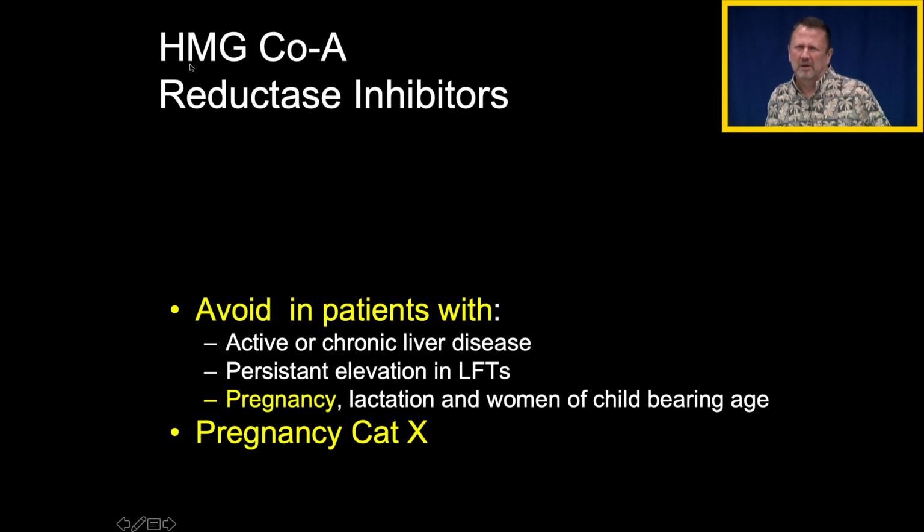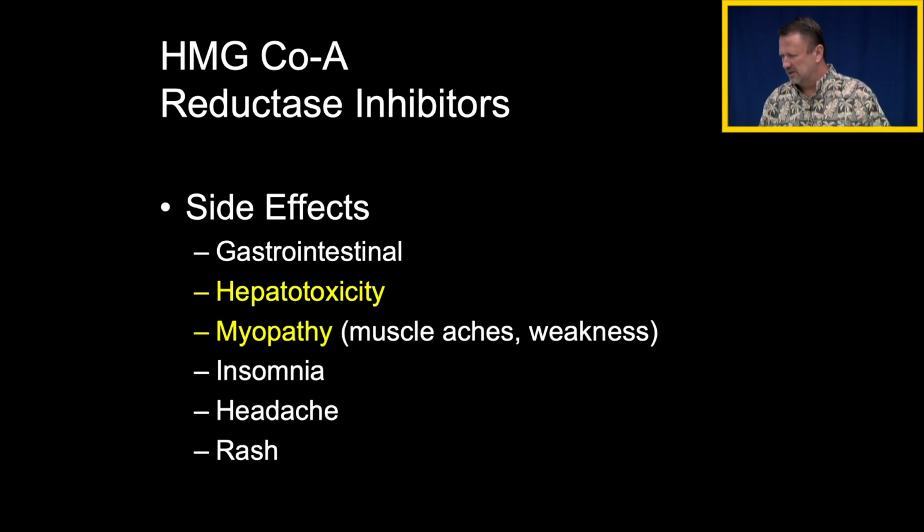Something that the HMG-CoA reductase inhibitors can do, as well as the fibrates and niacin, is decrease liver function, resulting in increased liver function tests. Due to this hepatotoxicity, when somebody becomes hepatotoxic, they'll even become jaundiced.